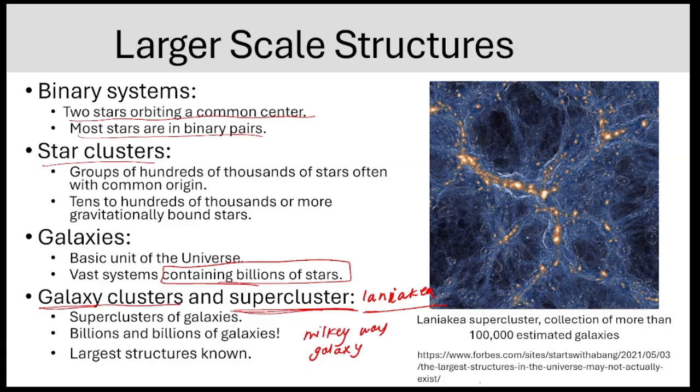And here we can see an image of the Laniakea supercluster, and this includes more than 100,000 galaxies. As we said, one single galaxy can have billions of stars, and we are talking about 100,000 estimated galaxies. So we are talking about trillions of stars.